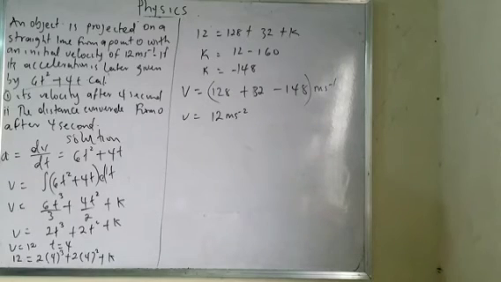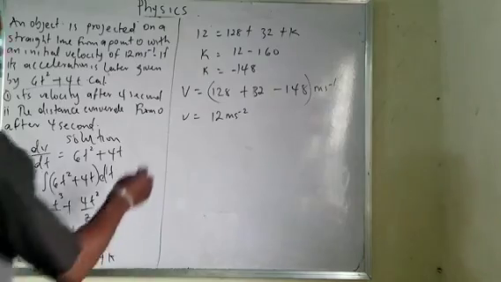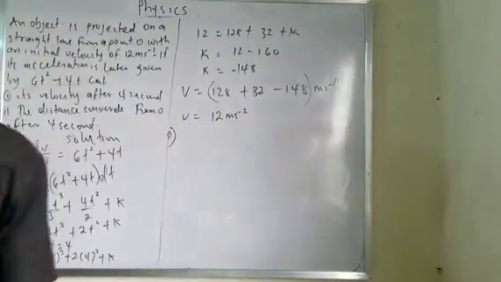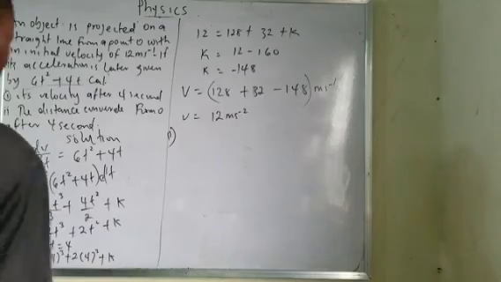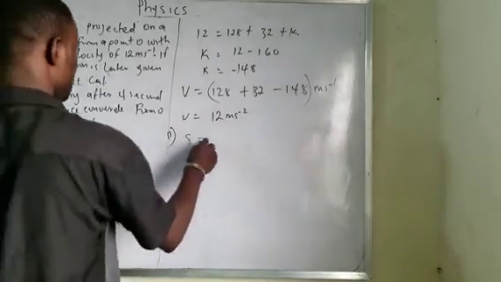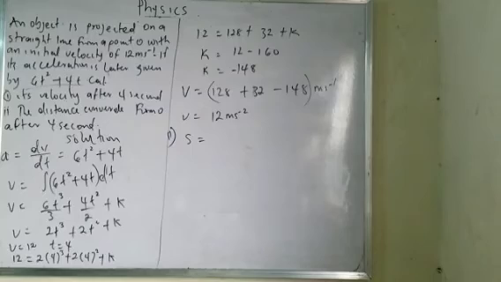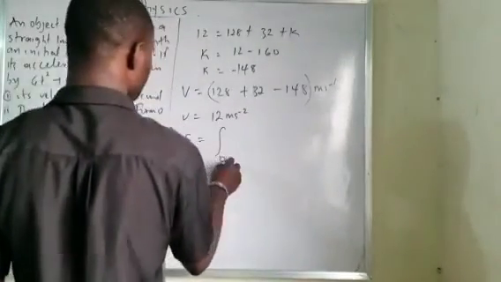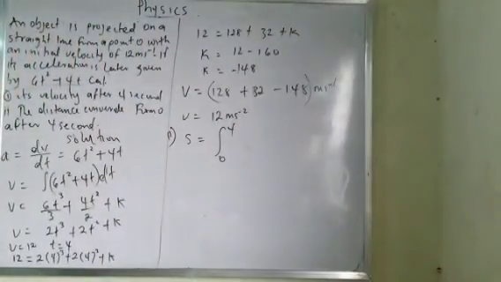Now, I'm asked to find the distance covered from 0 to 4, after 4 seconds. It means the integral from 0 to 4, with upper limit and lower limit, starting point and end point.